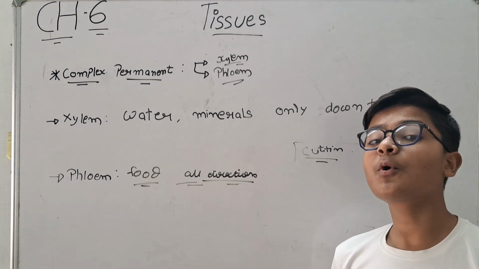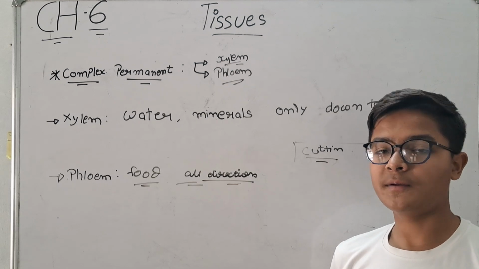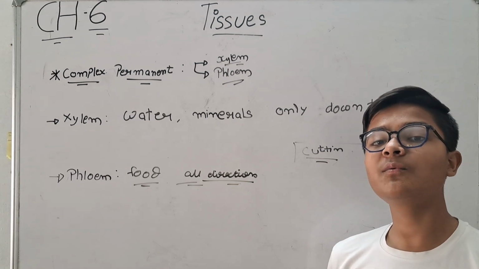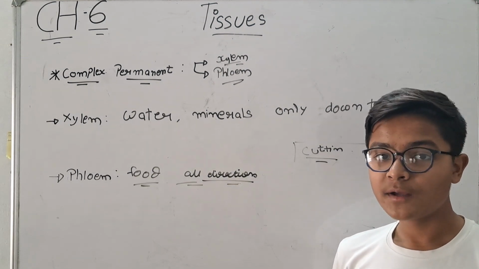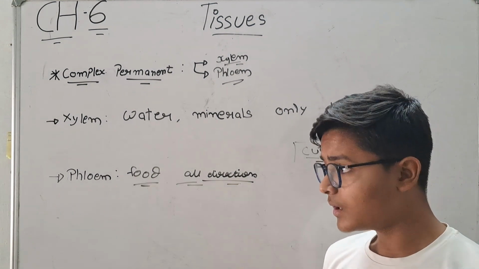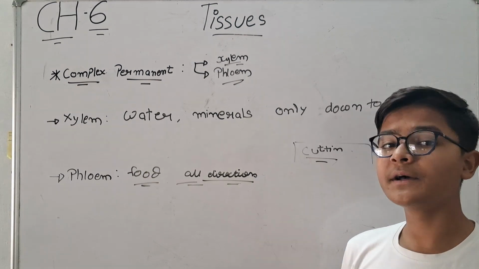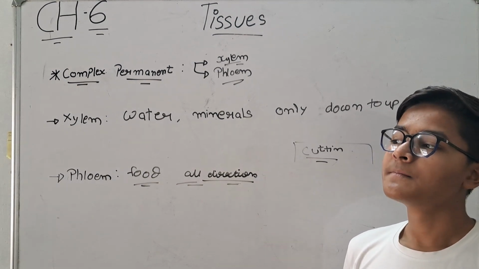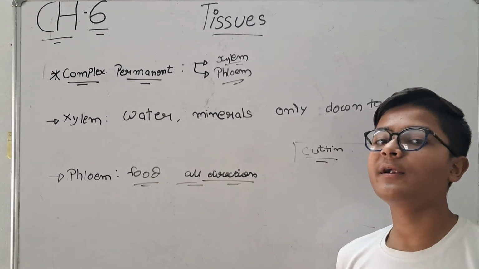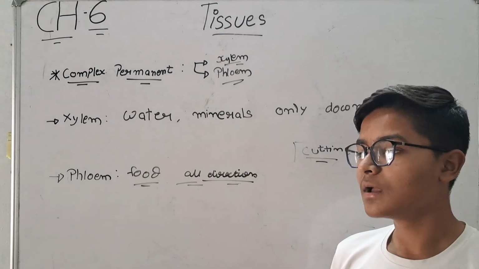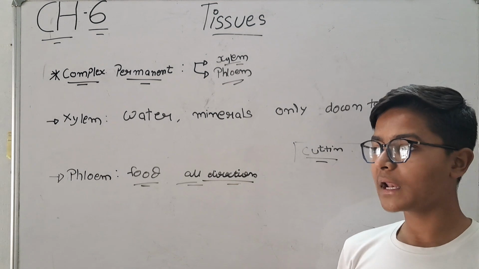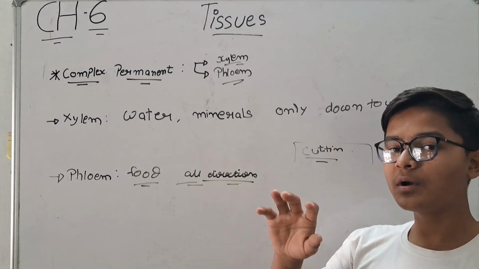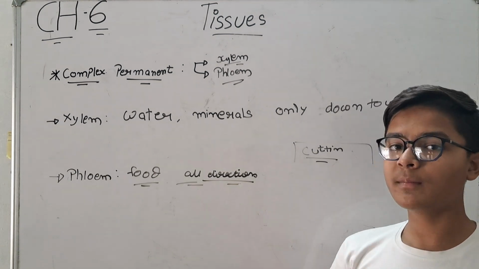It is used to protect and store the water. It does not allow the water to evaporate or mix into the atmosphere. It will protect the water inside the plant.